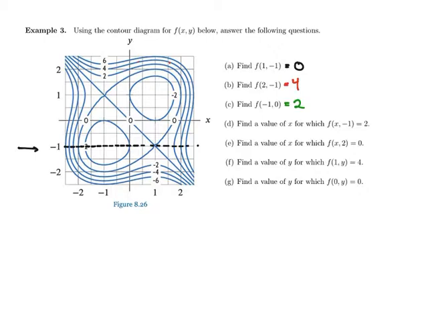And is there an x value for which we have a function value of 2? And there are a few options here. We know that this is going to be a value. I just covered up the 2 right there. That's going to be a value. We also are going to have a value here is going to be a 2. And that should be about it. One more. That's also going to be a 2.